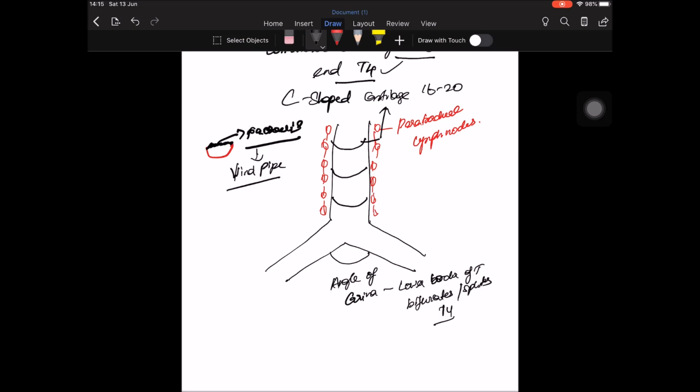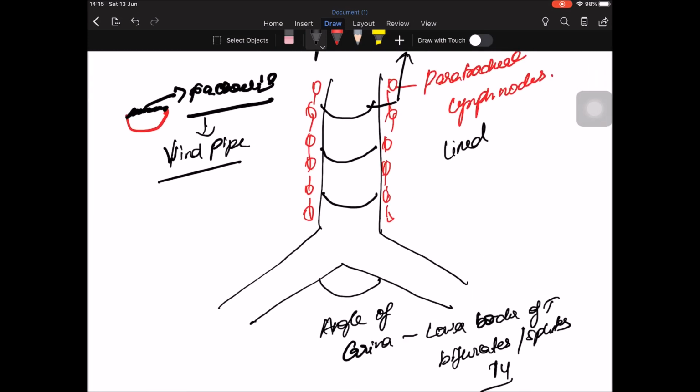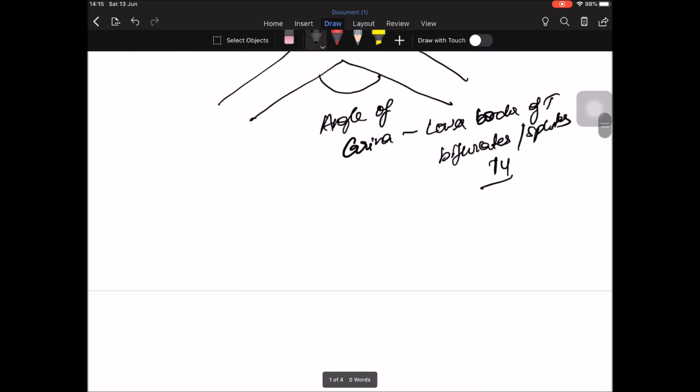Also you have to know that the trachea is lined with pseudostratified ciliated columnar epithelium.